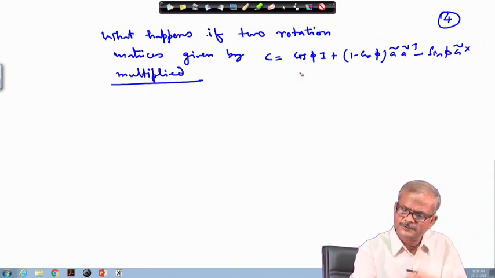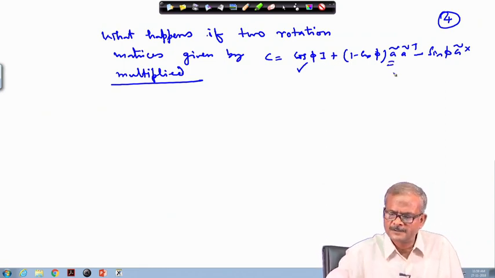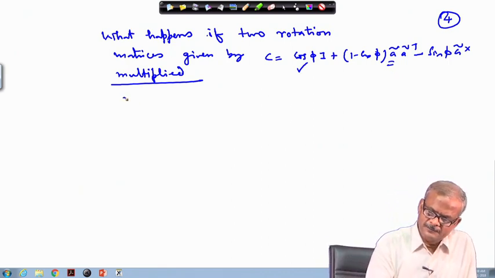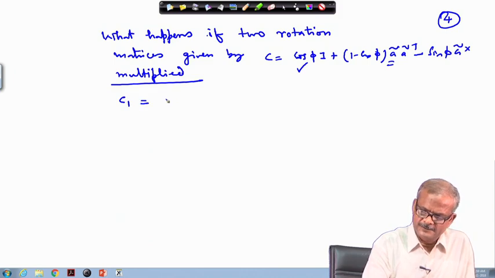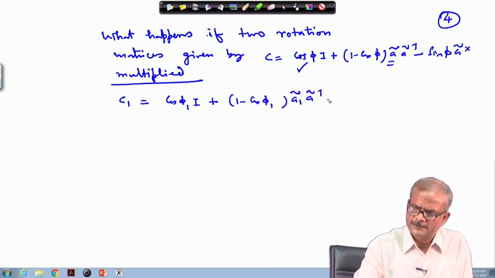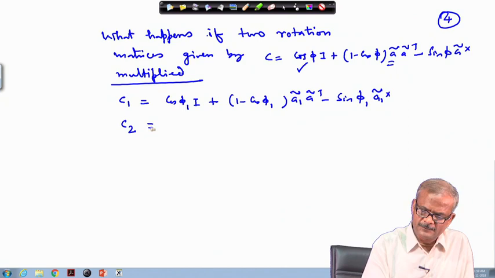So, if this rotation indicates rotation about the A tilde axis by phi, okay, and we have another rotation. Let us say that C 1 is one rotation which is defined as cos phi 1 I plus 1 minus cos phi 1 A 1 tilde A 1 tilde transpose minus sin phi 1 A 1 tilde cross, and another rotation matrix C 2 is defined similarly.